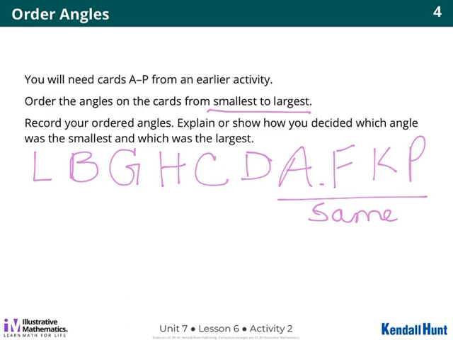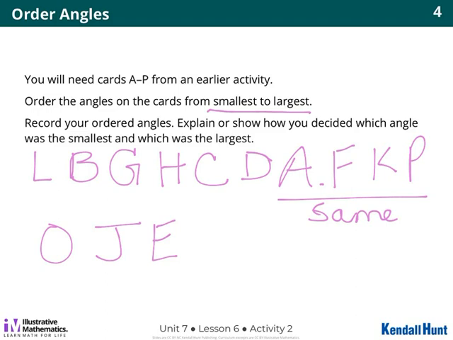Okay. Then we would have O. Yes, I was correct. O, J, and E are the same. Were they all the same?